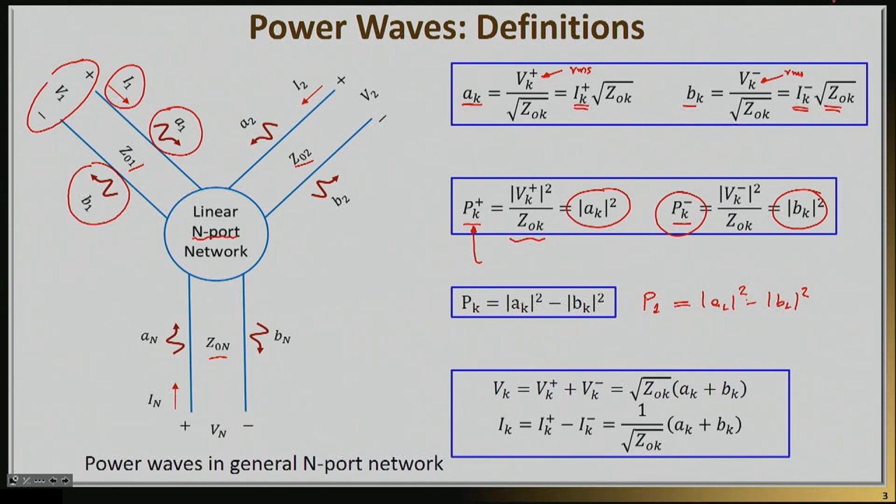So V1, for example, will be V1 plus V1 minus, which now, based on the power wave definition, will be given by A1 plus B1 multiplied by the square root of the characteristic impedance of port 1. Similarly, the total current IK will be equal to AK minus BK divided by the square root of the characteristic impedance Z naught.